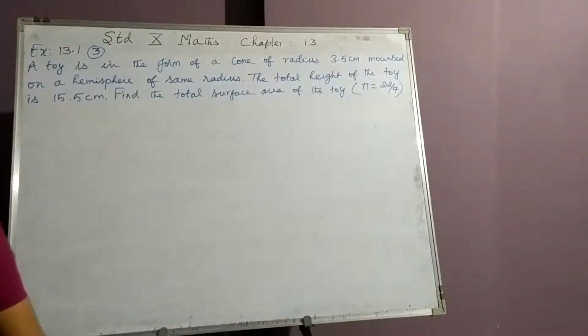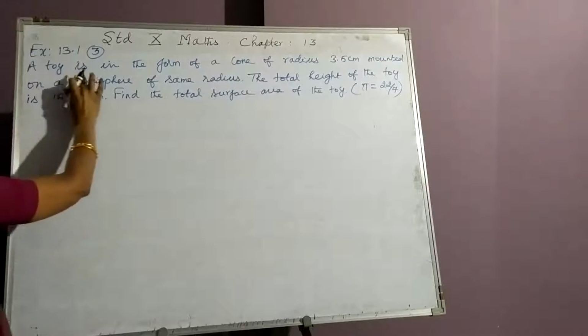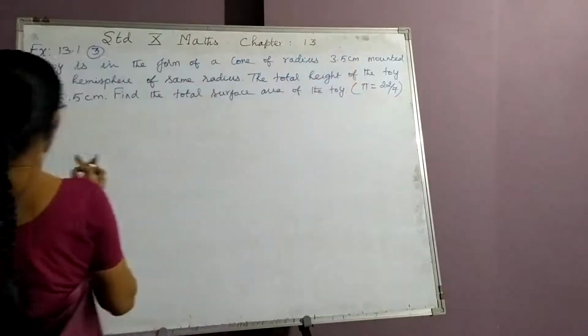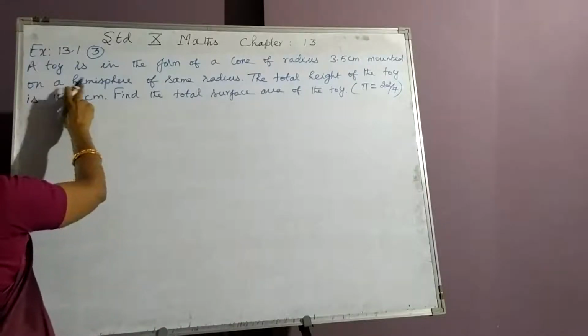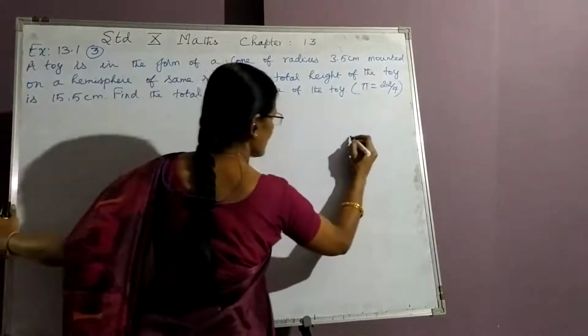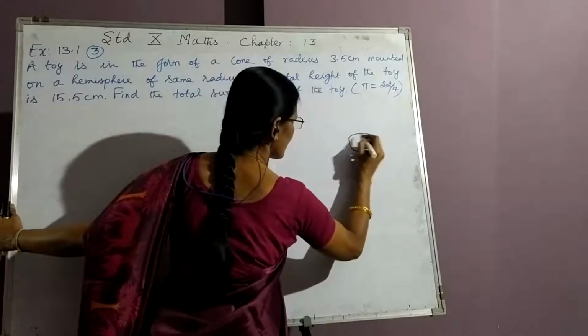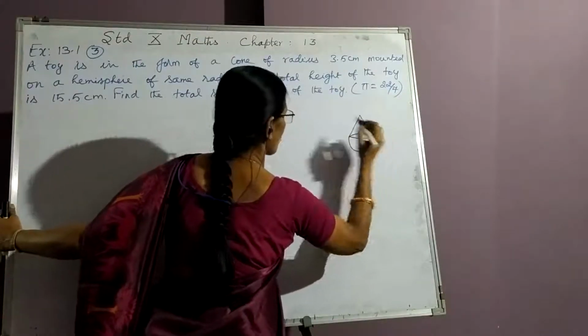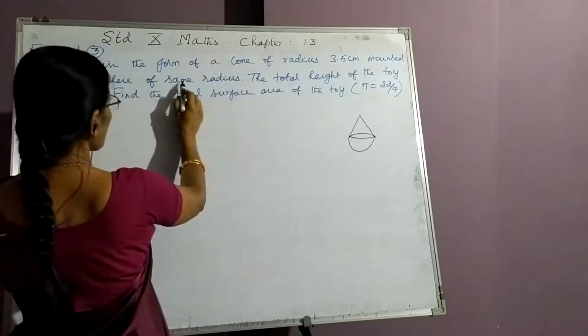Exercise 13.1, third question. A toy is in the form of a cone of radius 3.5 centimeter mounted on a hemisphere. So there is a hemisphere. On top of the hemisphere, there is a cone of same radius.